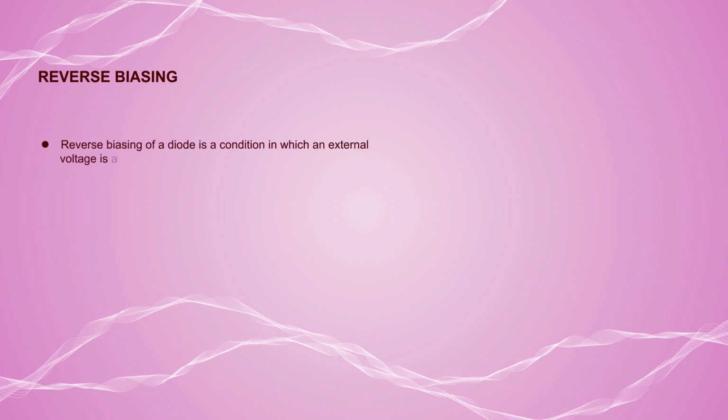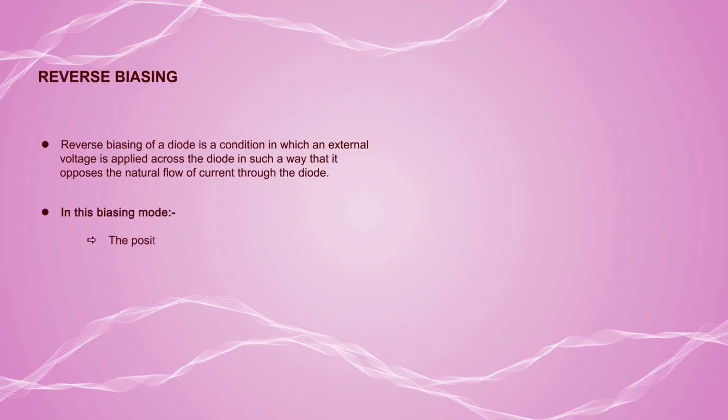Next biasing condition is reverse biasing. Reverse biasing of a diode is a condition in which an external voltage is applied across the diode in such a way that it opposes the natural flow of current through the diode.